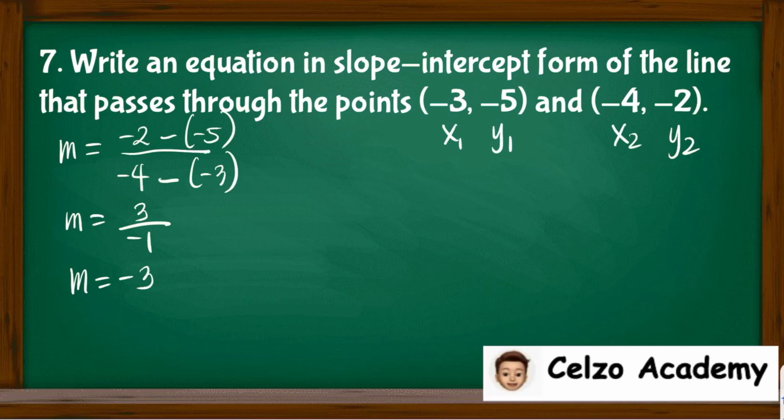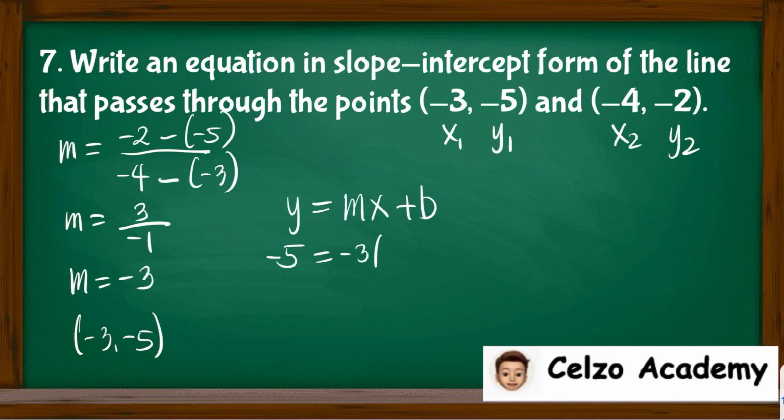So now using m is -3, and I will use (-3, -5) to calculate for the y-intercept b. Using y equals mx plus b, plug in y is -5, m is -3, and x is -3, plus b. Simplifying this, we have -5 is equal to -3 times -3 is 9 plus b.